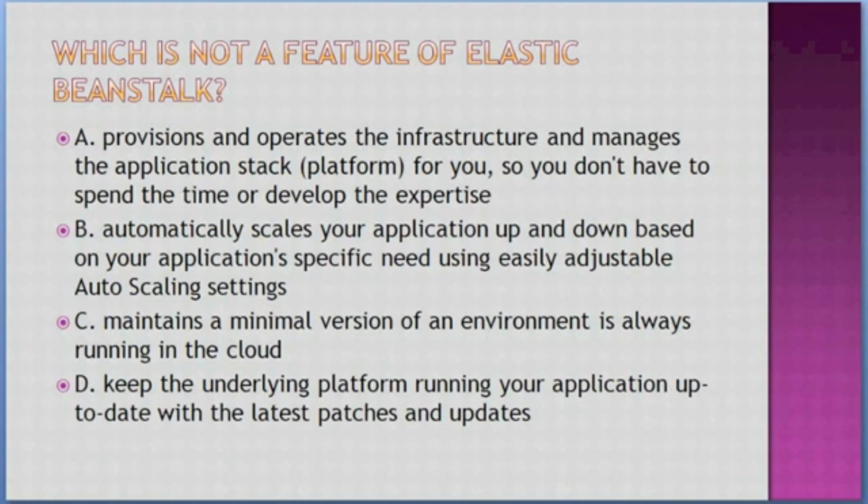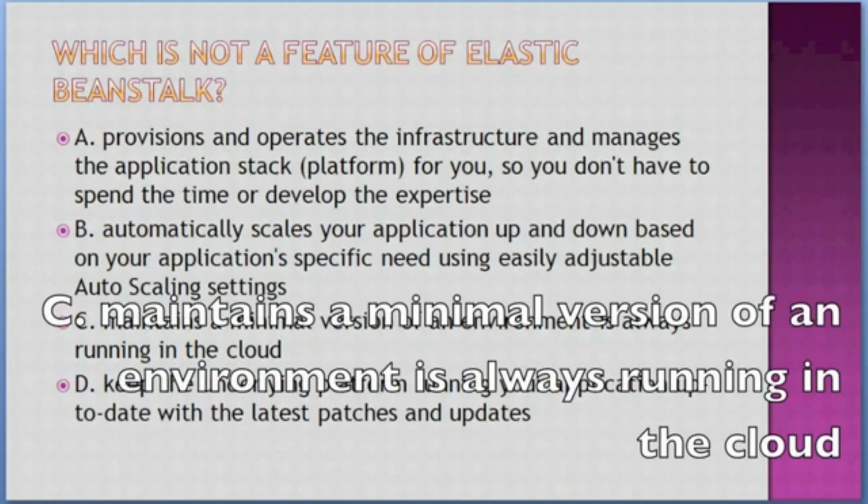C. Maintains the minimum version of an environment is always running in the cloud. D. Keeps the underlying platform running your application up to date with the latest patches and updates. Answer: C.